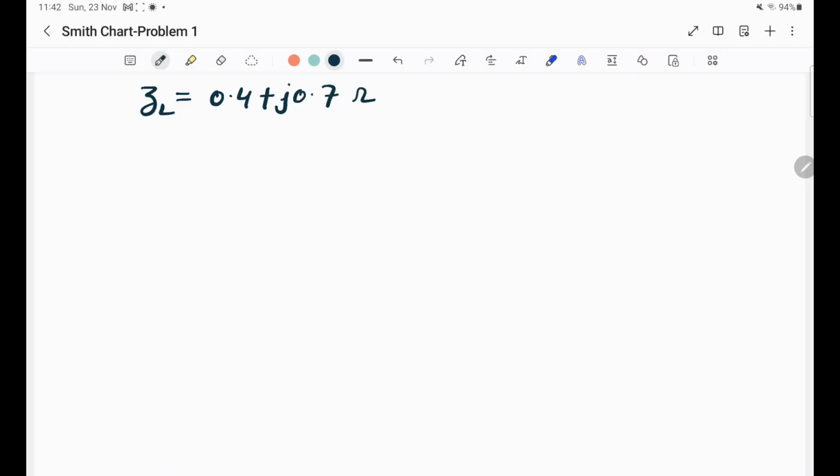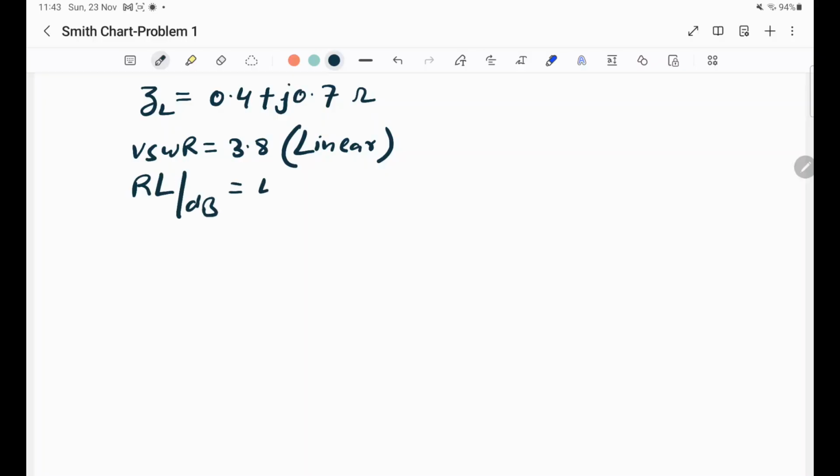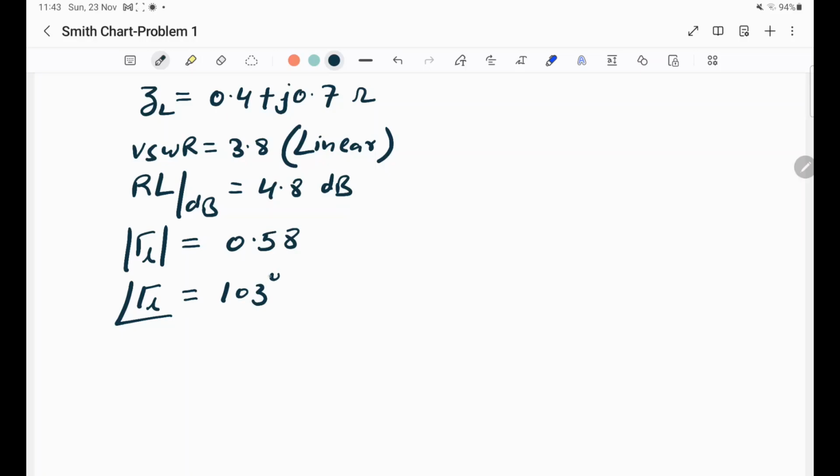Then we found out the value of the VSWR, which was 3.8 in linear scale, and we also found the value of the return loss, which was 4.8 dB, and then we found the mod of the reflection coefficient from the load end, which was 0.58, and then the angle of the reflection coefficient from the load end, which was 103 degrees.